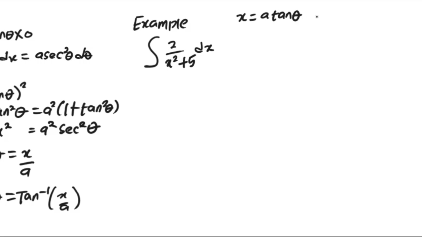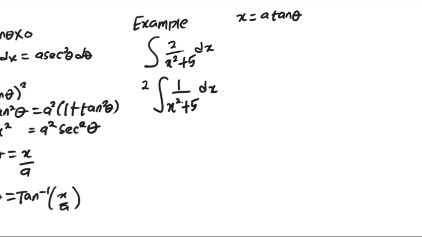Okay, let me first reduce this so that I won't just compare it with 2. The integral of 2 divided by x squared plus 5 is the same thing as 2 times the integral of 1 over x squared plus 5 with respect to x, dx.